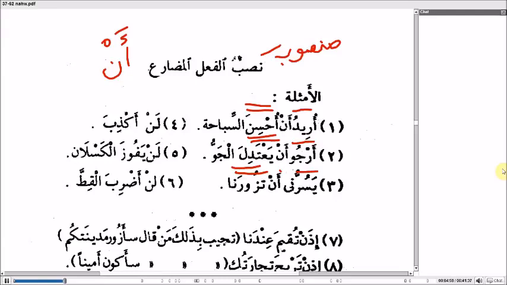Inshallah, in the notes it'll explain it, inshallah. Like, you can't say uridu uhsina. No, uridu an uhsina. Just like if you say I need something, right? Like if you say I need milk, that's different. Ahtaj ila al-laban or ila al-halib.